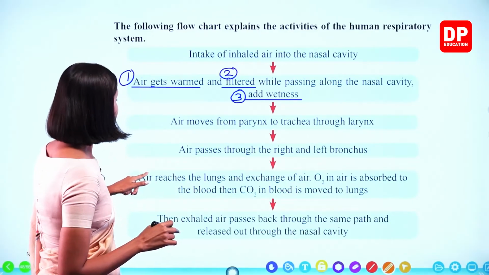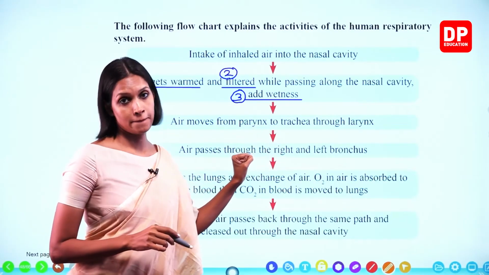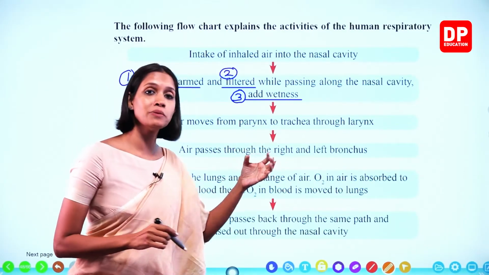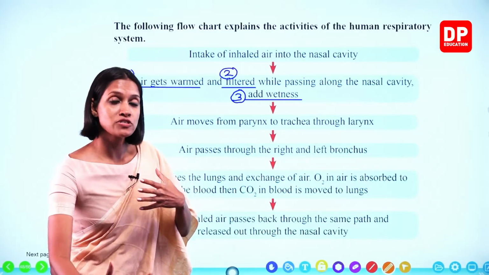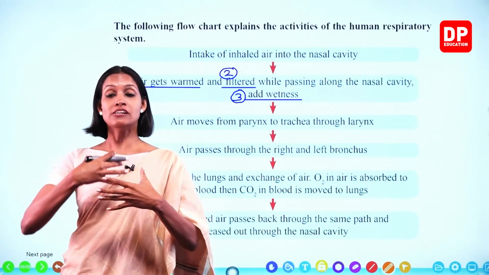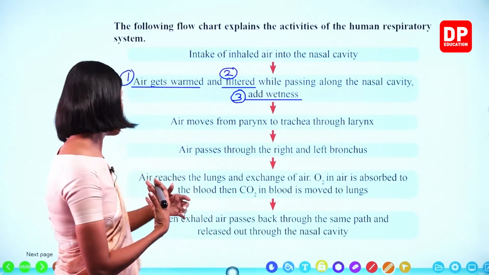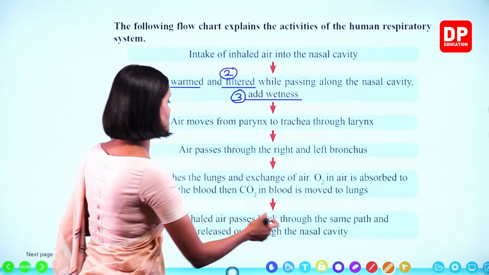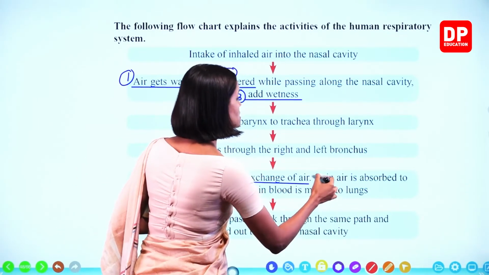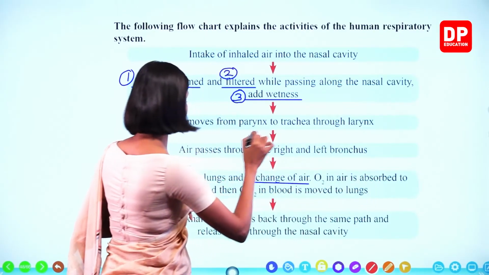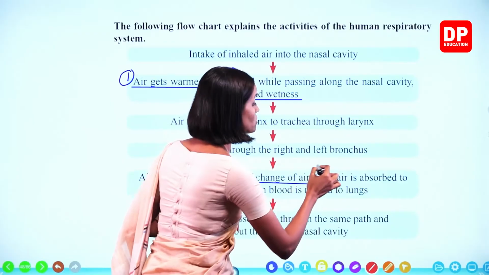Then what happens? Air reaches the lungs and exchange of air. Now, exchange of air means oxygen is given to the blood, and carbon dioxide in the blood is given back to the lungs. This is known as exchange of air. Oxygen in air is absorbed to the blood, then carbon dioxide in blood is moved to lungs.